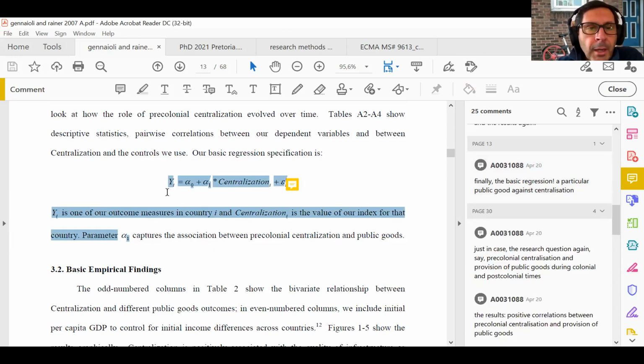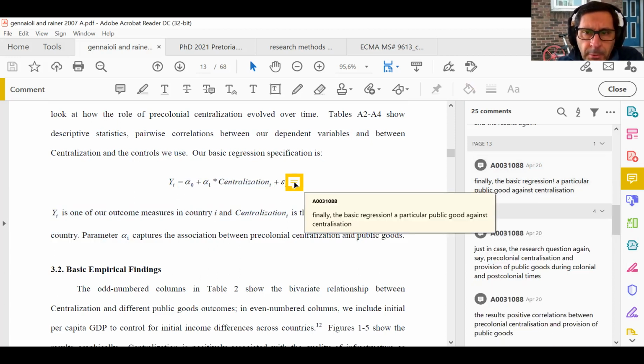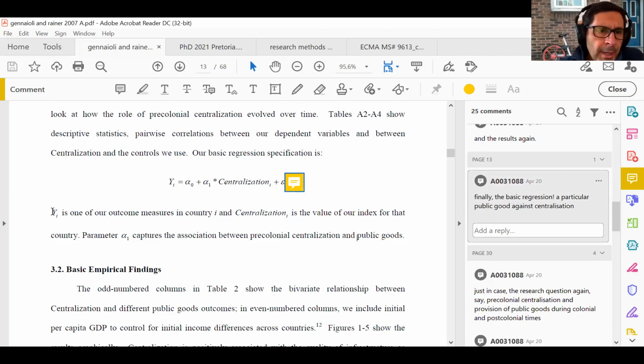Y_i is one of their outcome measures in country i, and centralization_i is the value of their index for that country, right? The value of the political centralization index. As I said, some areas of Africa had more or less political centralization, right?